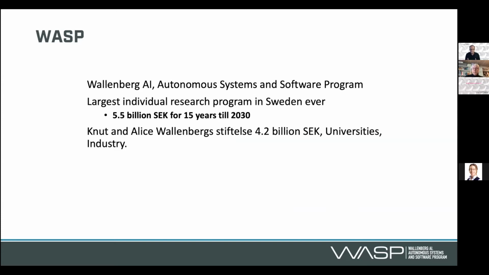It's now a 15-year program until 2030, and the total budget is now 5.5 billion Swedish kronor. And as we always say, by far the largest research program ever in the history of Sweden. The majority of that funding comes from the Knut and Alice Wallenberg Foundation, 4.2 billion out of the 5.5.